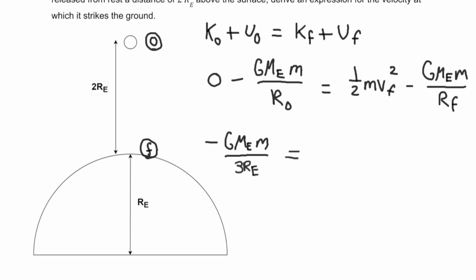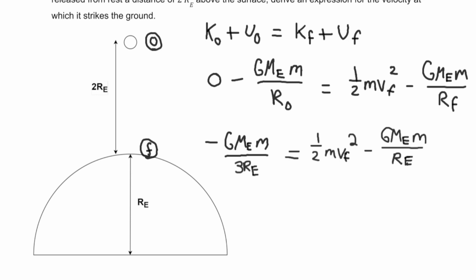Or you could think of it as R plus h. And then at the bottom, it's not 0, because it's only 0 if the r is infinity, but it's clearly not infinity. So how far are we from the center of the planet at the bottom? Well, it's just going to be R.